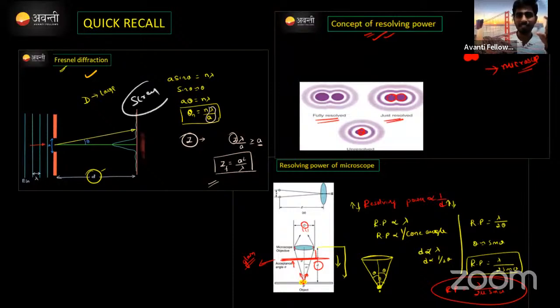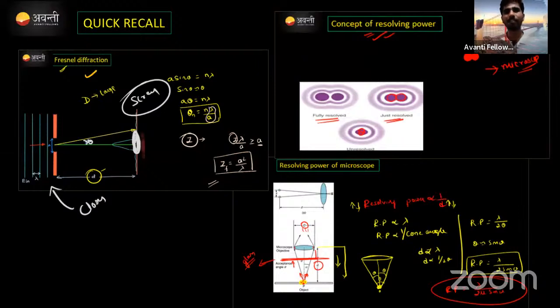This screen is kept very close to the aperture, means slit के very close, पास में रखता है, to analyze this. At that time, it makes an angle. This angle will give the dimension of this bright fringe.